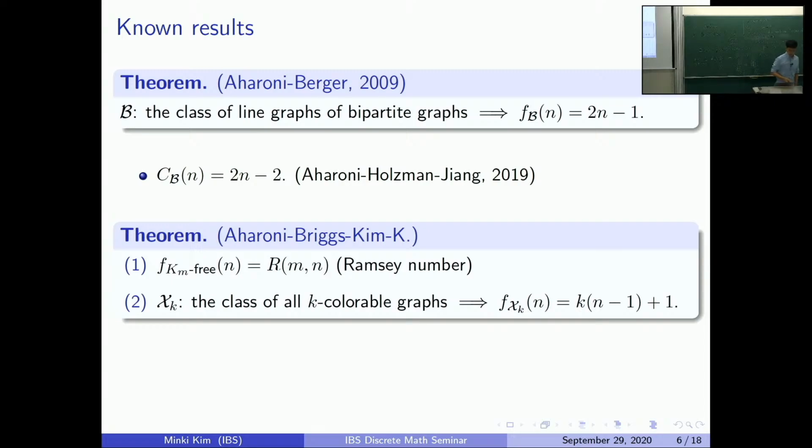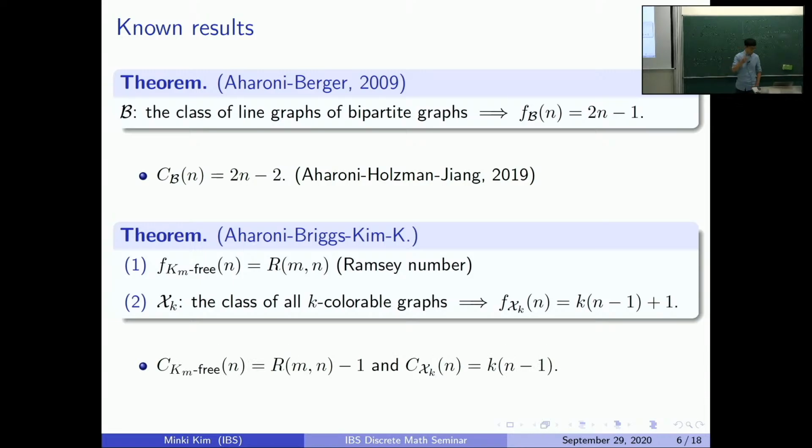With Aharoni, Briggs, and Jinha Kim, we have several more results. The first, easier results are for the class of graphs with no complete graph on m vertices, where Fn equals the Ramsey number R(m,n). For the class of all k-collapsible graphs, Fn equals k times (n minus 1) plus 1.